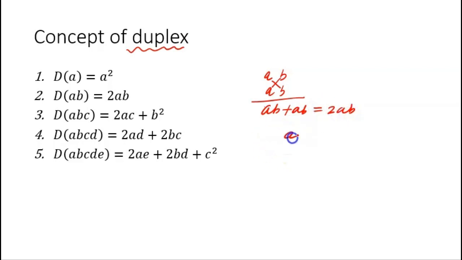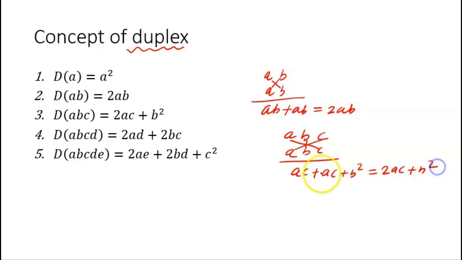How will you calculate the duplex of ABC? You take ABC and do the crosswise multiplication, A into C, and then B into B. So you get AC plus AC plus B square, that is 2AC plus B square. Similarly, what is the duplex of ABCD?